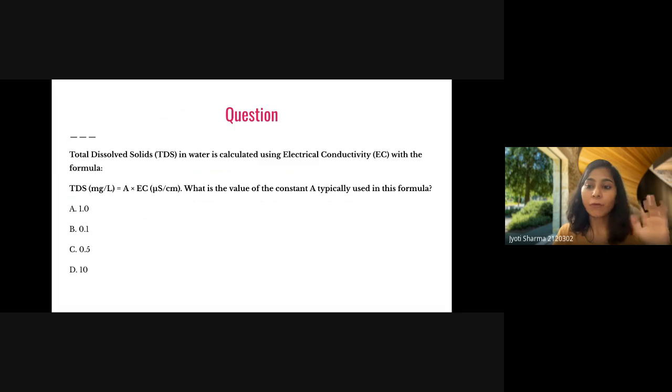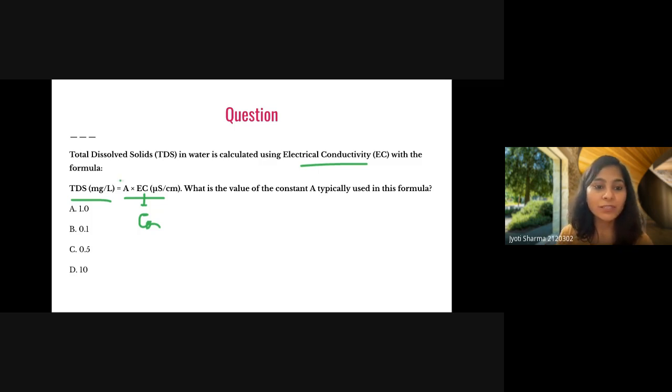The formula of TDS is in mg per liter, and we can calculate it by one formula, that is A multiplied by EC. And this EC is what? Electrical conductivity, right? You have to tell me this value.